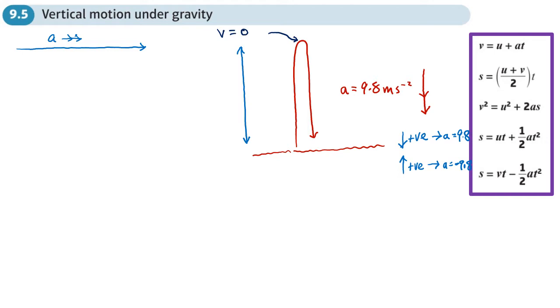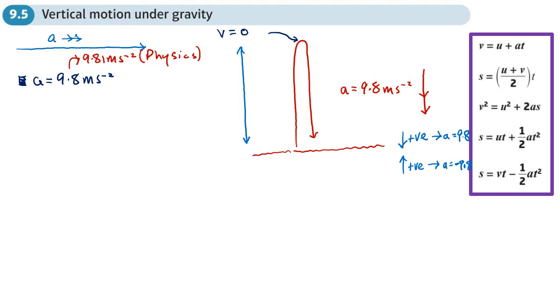So let's maybe write some things down here. So a is 9.8 meters per second squared. Now, if you do physics, you would probably use 9.81 meters per second squared. And watch out, there are some questions where it says use a equal to 10.